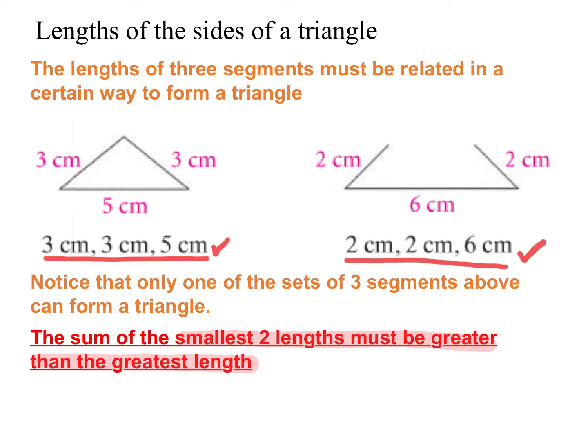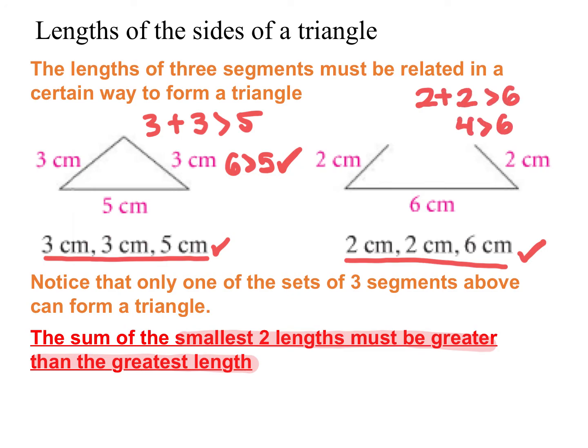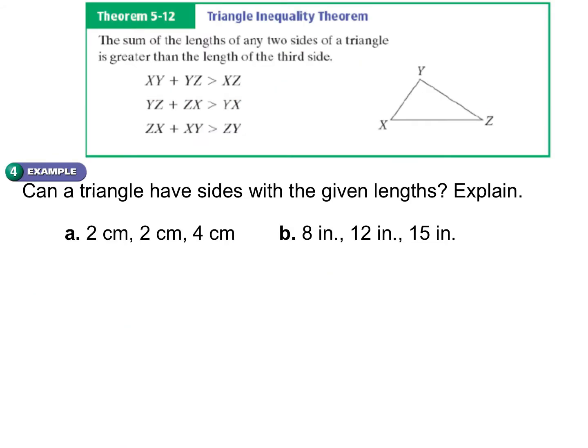So for example, if I do 3 plus 3 should be greater than 5, I get 6 is greater than 5, so it works. However, my other example, if I do 2 plus 2 should be greater than 6, I get 4 is greater than 6, which is not true, so it does not form a triangle.